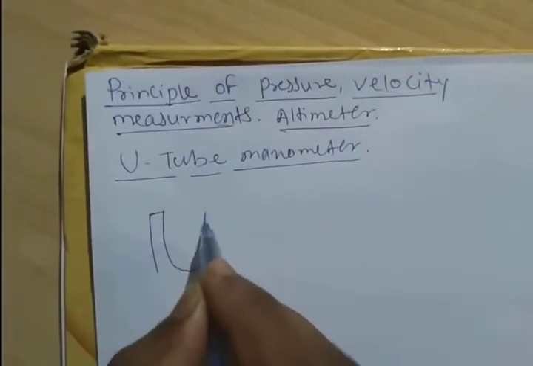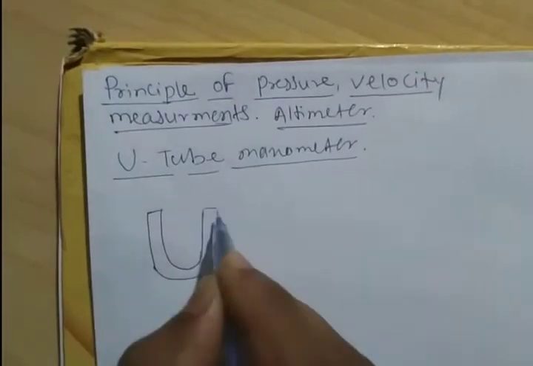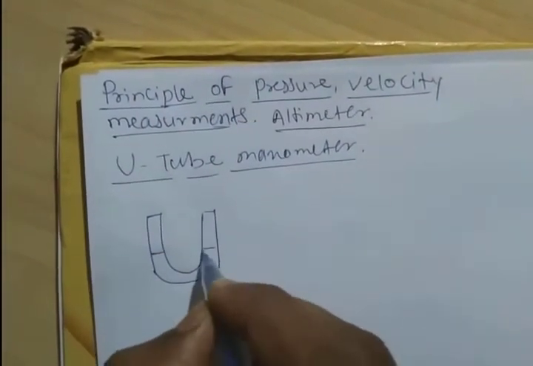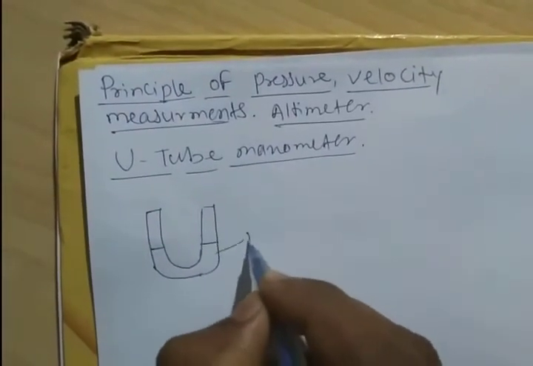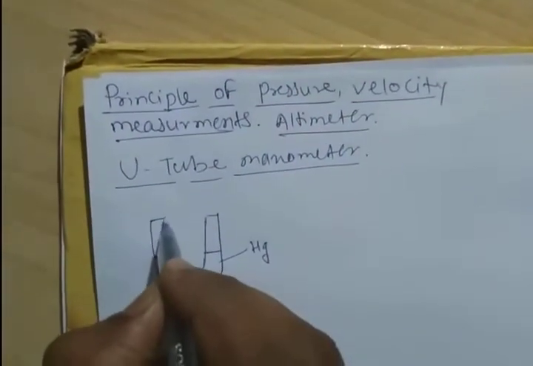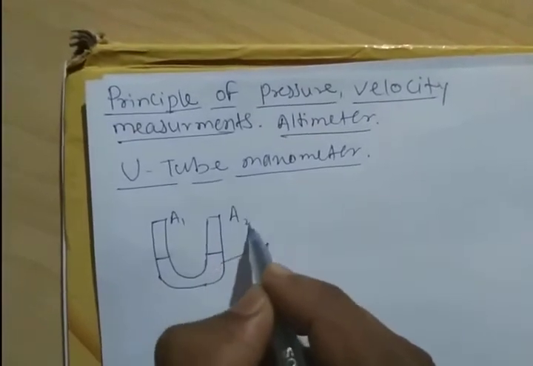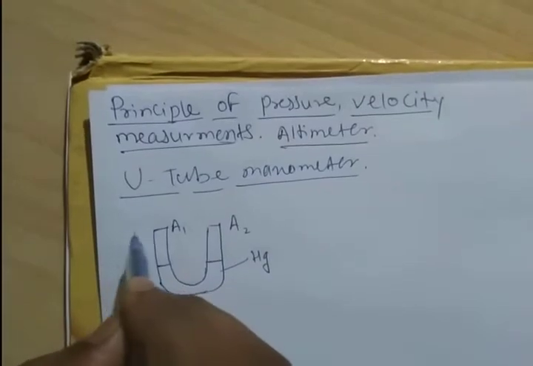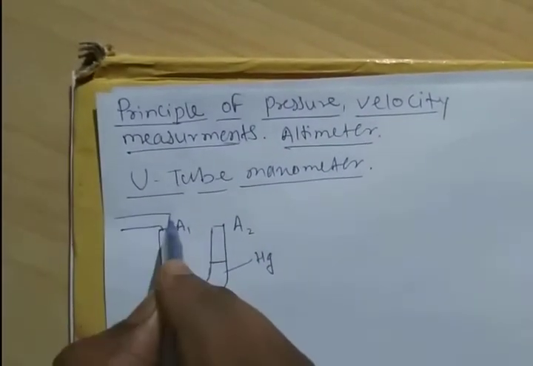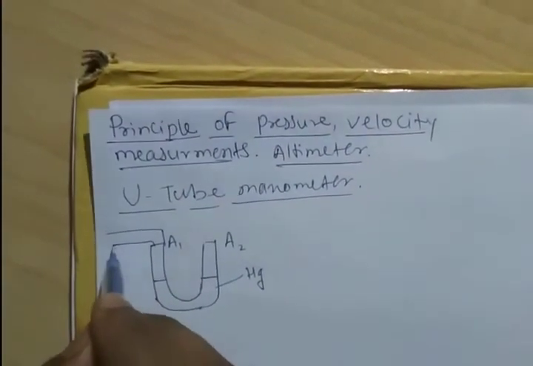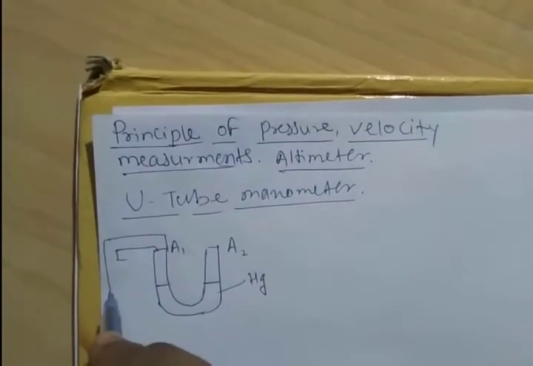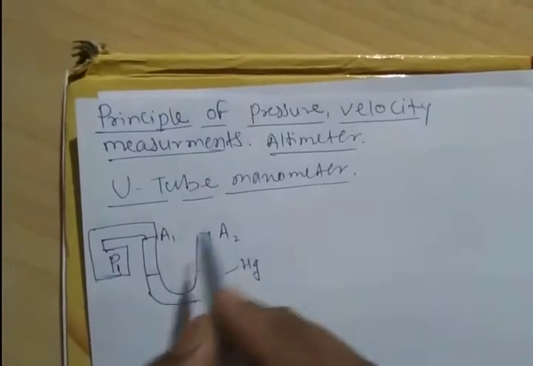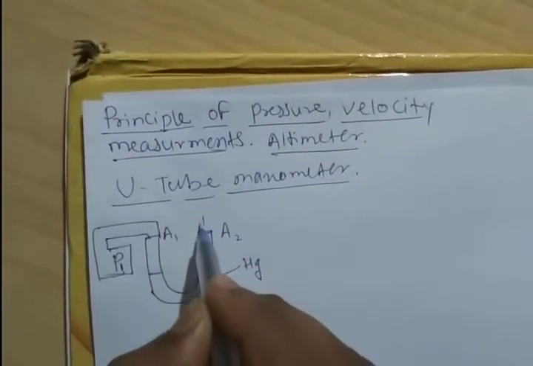Consider a tube in U shape and there is a liquid filled in it. Let's say mercury. A1 and A2 are the areas. Let's consider we have attached a pressure tank here which has a pressure, say P1, and this side is open.